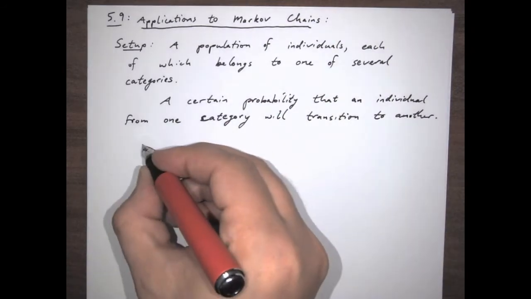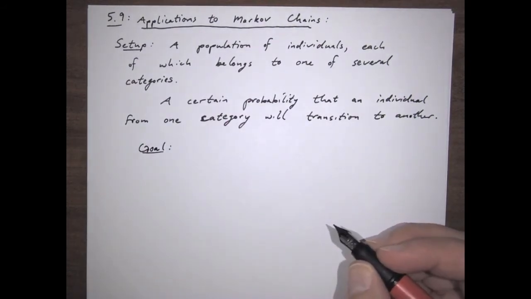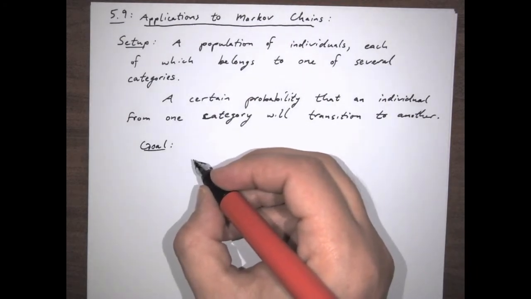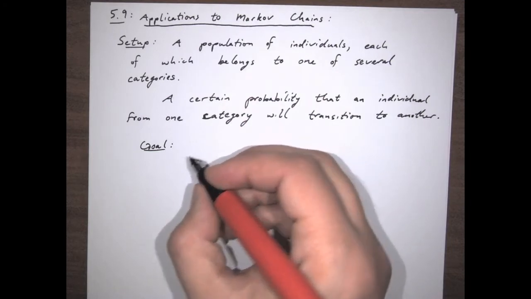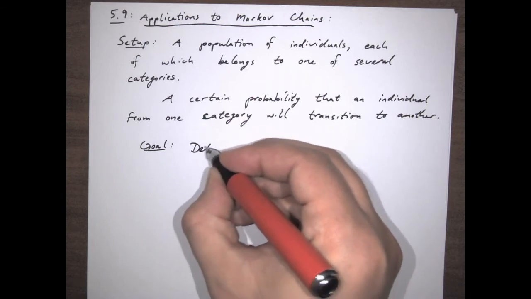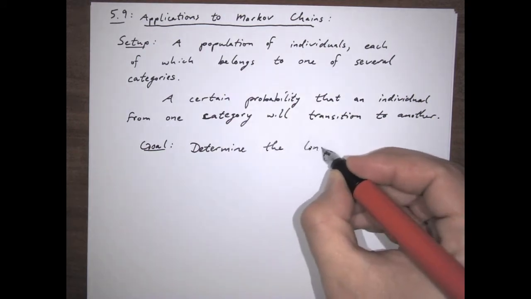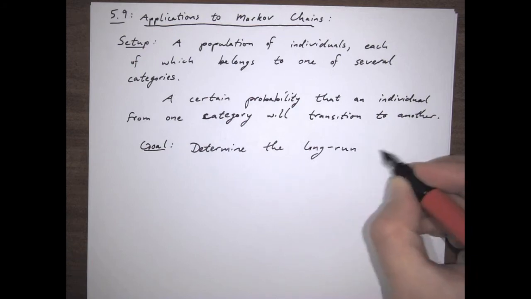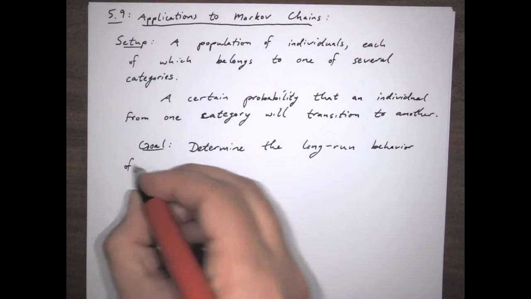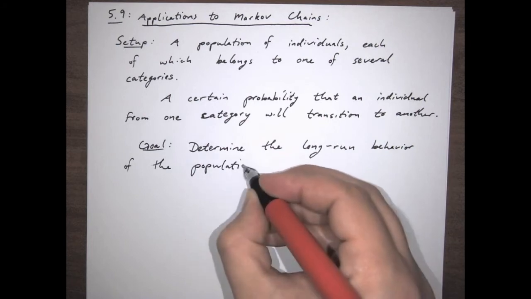And then the goal is to determine, based on an initial breakdown of the population, how the long run behavior of the system will end up looking. So the goal is to determine the long run behavior of the population.